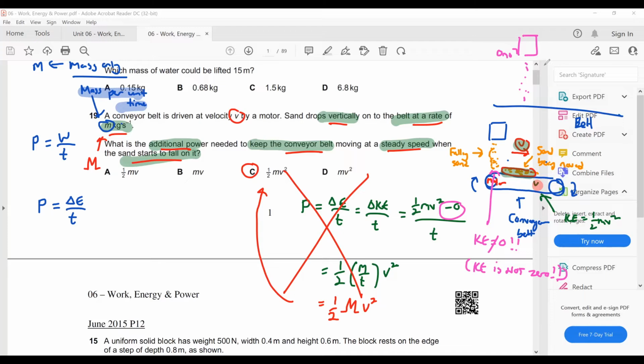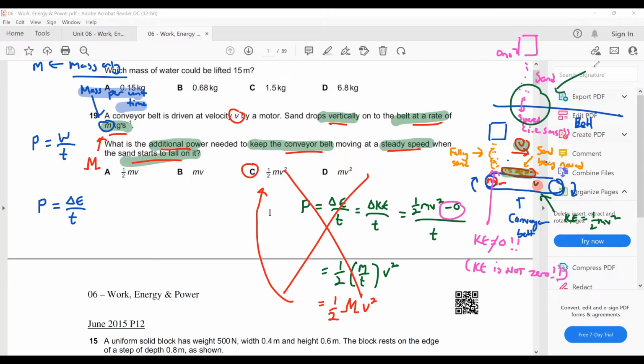So when your sand is falling, it falls from whatever it is falling from, maybe from rest. That one will be correct to say is 0 meter per second. But when it falls and reaches your belt, it won't be 0 meter per second, it will be at some speed. For example, maybe it's at 5 meter per second. I'll use green color.